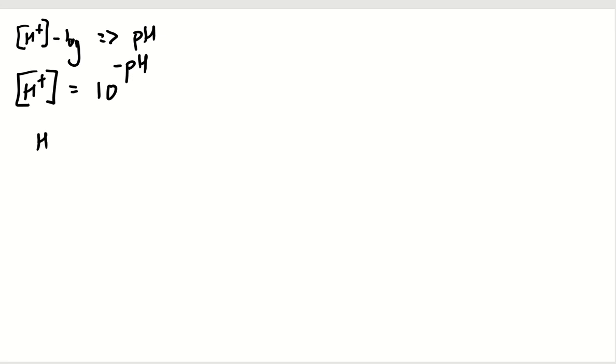That gives me the hydrogen ion concentration. So if I took a simple monoprotic acid, for example, hydrochloric acid, and I said to you it had a pH of 1.2, and I'm asking you to calculate the concentration of the acid, not the concentration of the hydrogen ions.